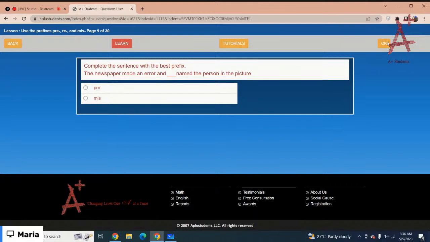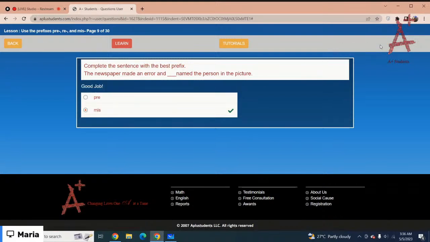Yes, it would be pre-named. The correct option is misnamed. No, they made an error. So it is misnamed the person in the picture. Yes, that is misnamed. Sorry.